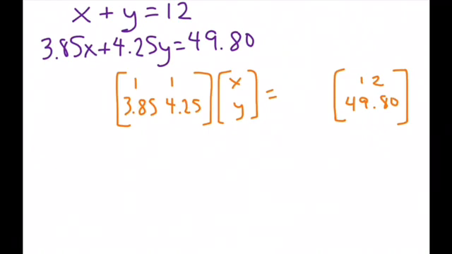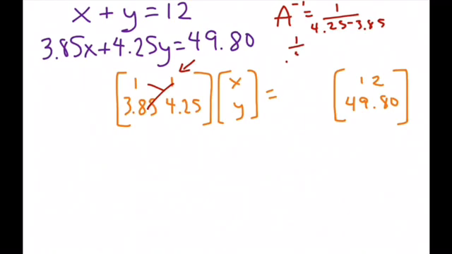If you remember with using inverses, the first thing we need to do is find the inverse. So we're going to take this matrix right here and find the inverse of that. I'm going to write 1 over, and I'm going to do 1 times 4.25 minus 3.85 times 1. When I do that math, I'm going to have 1 over 0.4, which is equal to 2.5.